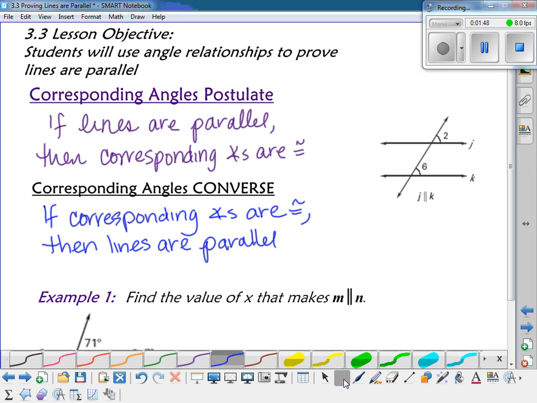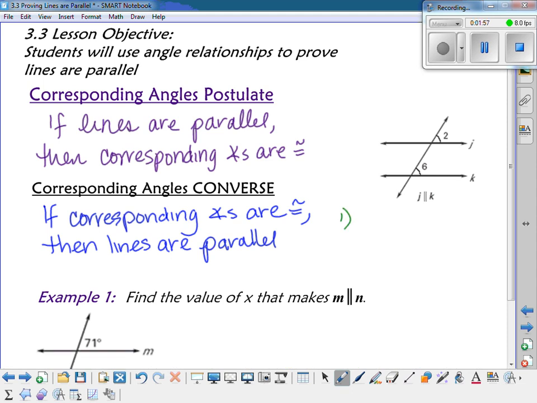So how that would look in a proof would be that you would have to first state the angles are congruent. So for instance, with this figure, angle 2 is congruent to angle 6. That was given. And then after you have said that the angles are congruent, you can say that the lines are parallel.